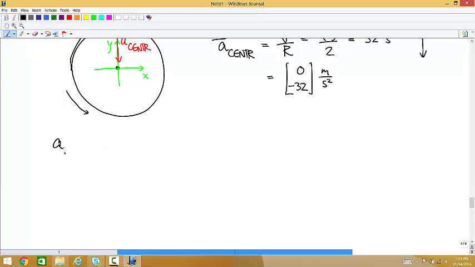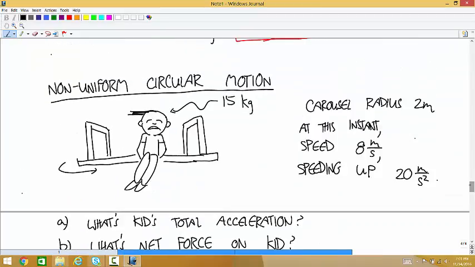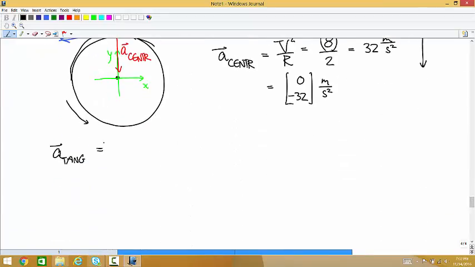So the tangential acceleration is, what did I say the magnitude was? 20. So the tangential acceleration is 20 meters per second squared, pointing this direction. That's the negative x direction. So that's negative 20, 0 for components.